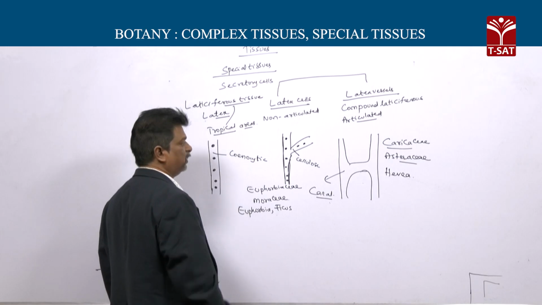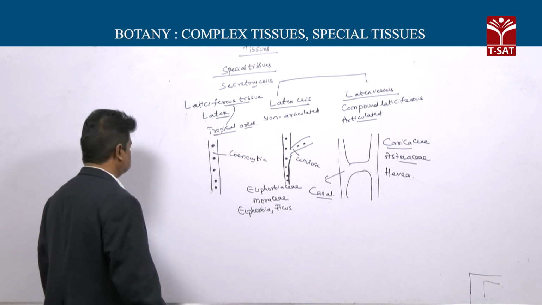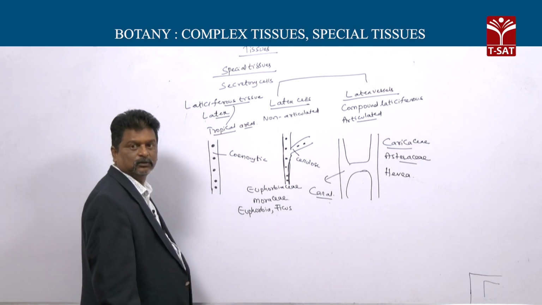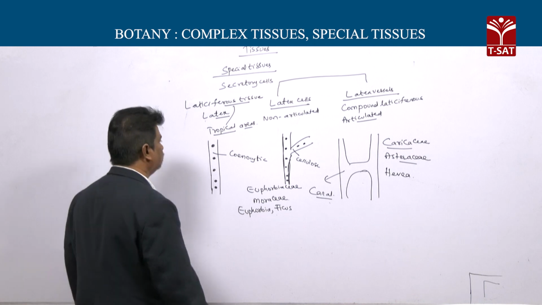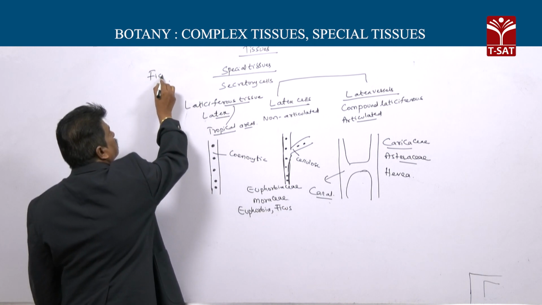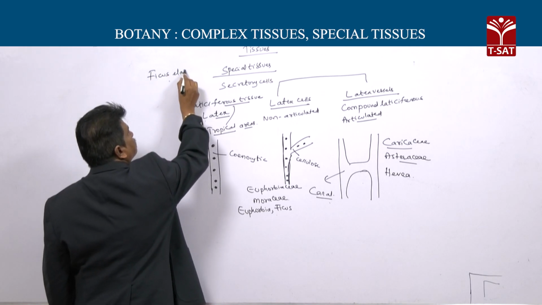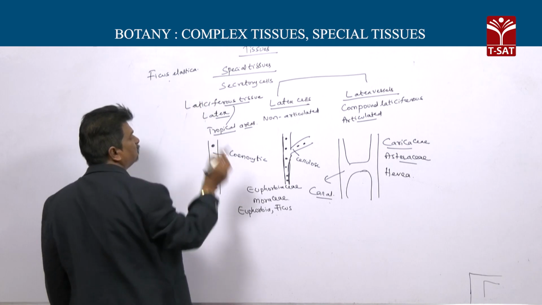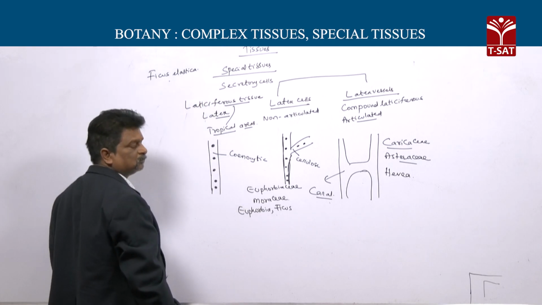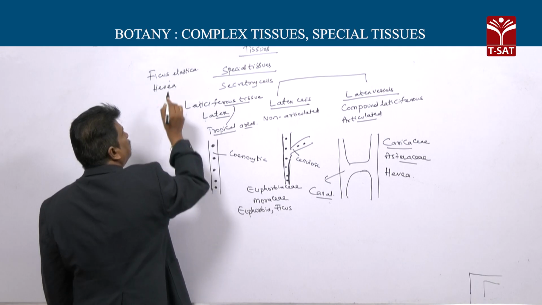Then importance of latex. In some plants, latex is used in making rubber. So the Indian rubber tree is Ficus elastica. Then the para rubber tree is Hevea.